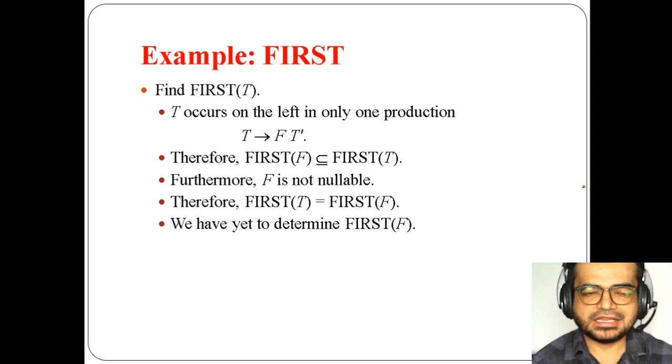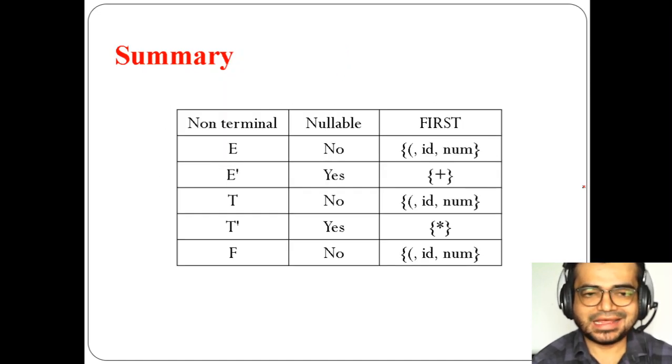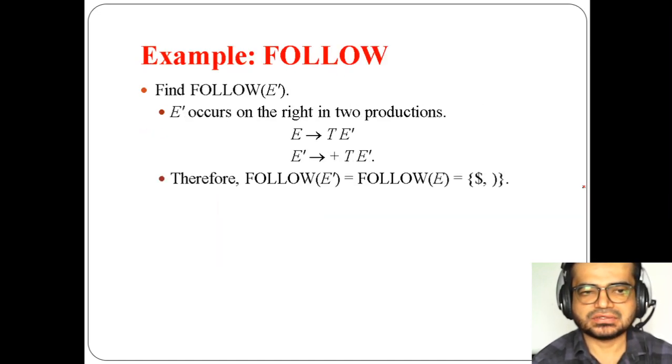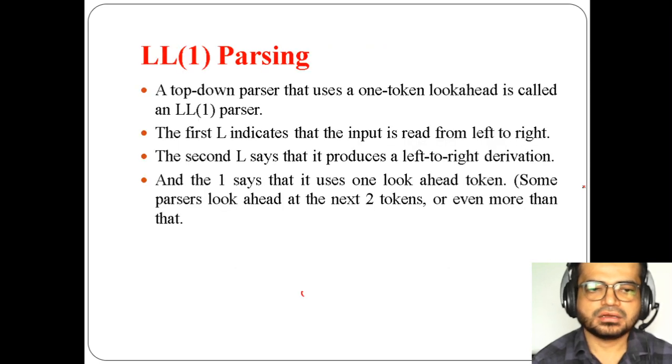Now, what is LL1? What do the LL and 1 indicate? Basically, the LL1 parser is a top-down parser, a predictive parser. The first L indicates how you read the input.